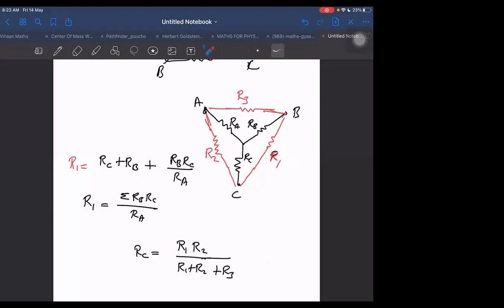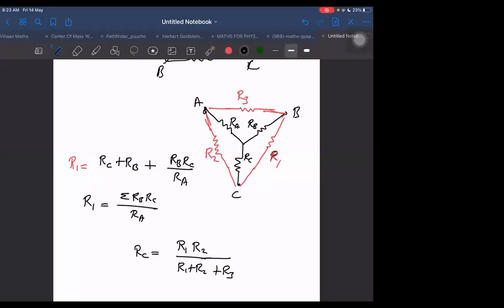When you start writing this formula with the parallel formula in mind, R1 R2 upon R1 plus R2, I think you will get reminded easily that the third one also we have to take care of. Similarly, here when we start writing it, we start writing as if it is some formula, but then we know that we have to take care of the third one also, or you remember this method. That is also good enough.